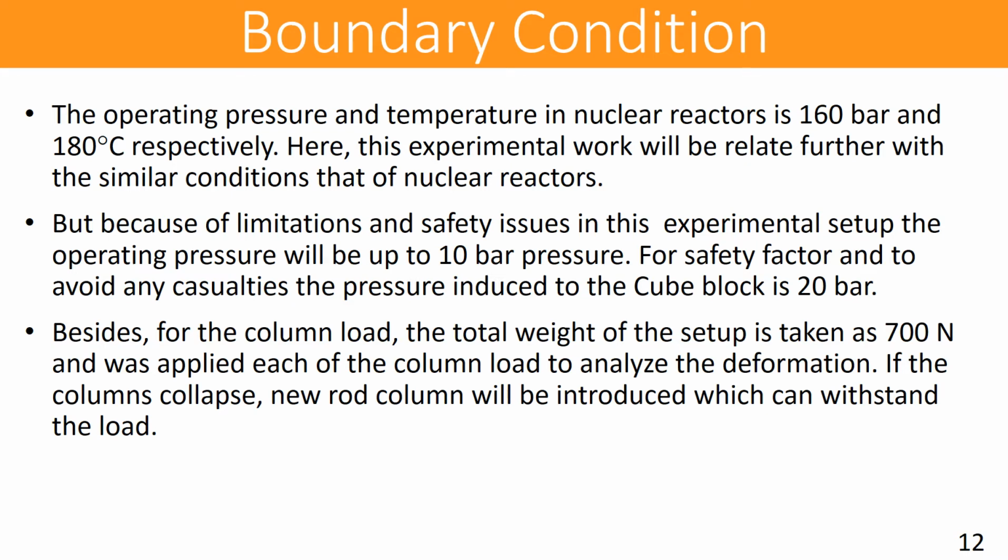Besides, for the column load, the total weight of the setup is taken as 700 Newton, which is more than the actual one, and it was applied to each of the column loads to analyze the deformation. If the columns collapse, a new rod column will be designed and introduced which can withstand the load.